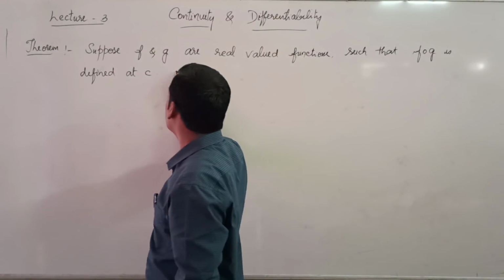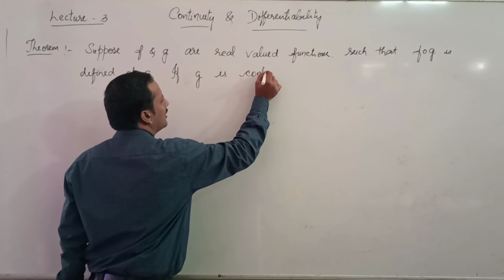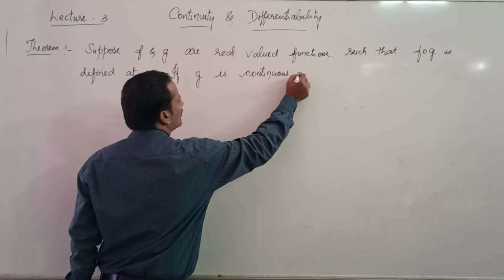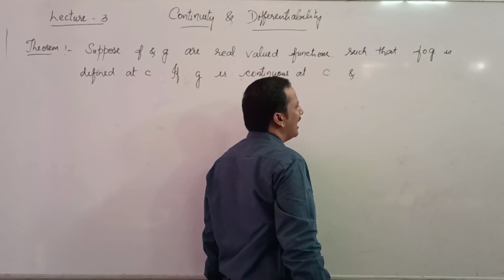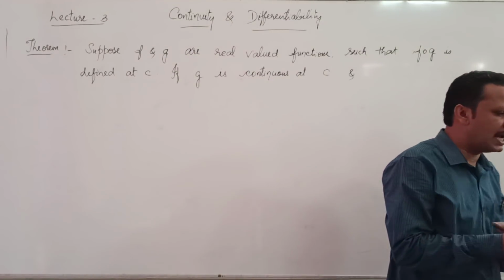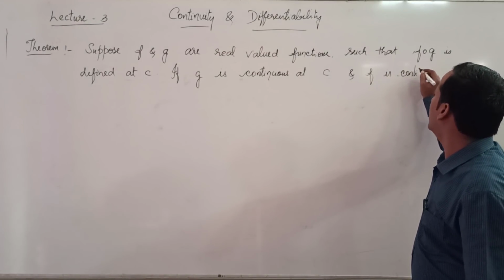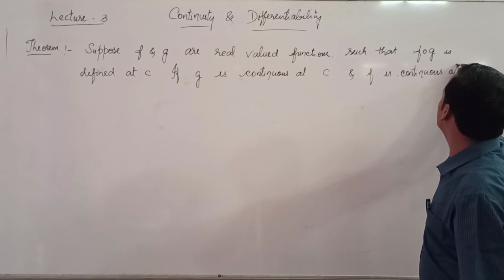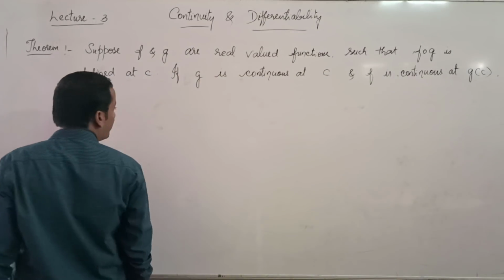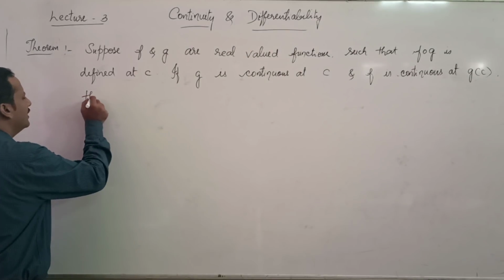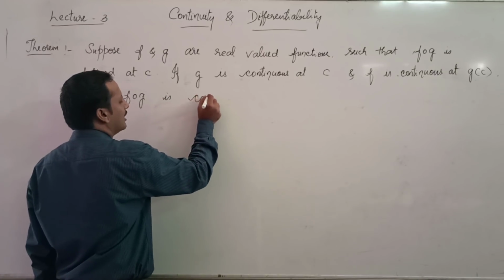Then, if g is continuous at c and f is continuous at g of c, then f circle g is continuous at c.